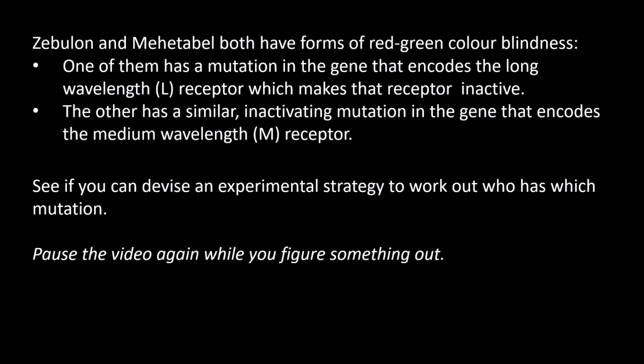Your job is to see if you can think of how you could tell which one was which just by doing experiments in which they tell you how they respond to different stimuli that you might provide for them. So again, pause the video while you think about how you could come up with an experiment which would let you tell these 2 who has which condition.